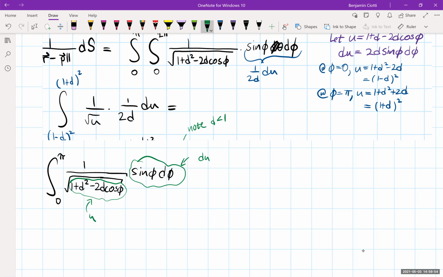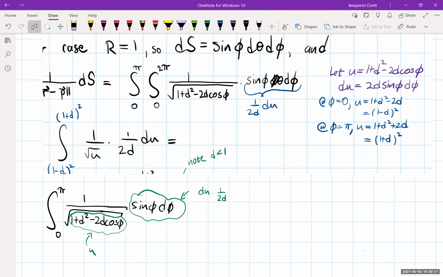It's your du with just some constant factor of 1 over 2d, because d is some number which is fixed and constant. I was just confused on where the d squared went in the u when you took the derivative. Yeah, because it's a constant. I see now. Okay, thank you.